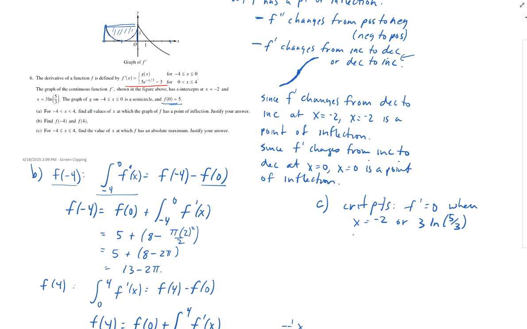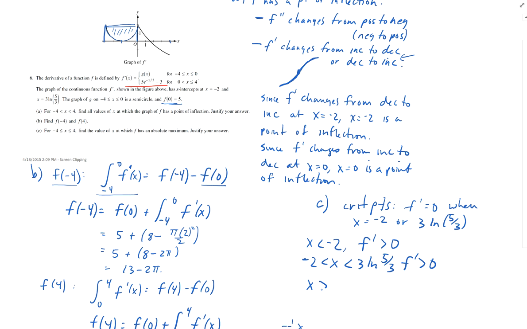Well, I can say this: for x less than negative 2, f prime is positive, right? For negative 2 less than x less than 3 natural log of 5 thirds, f prime is positive.